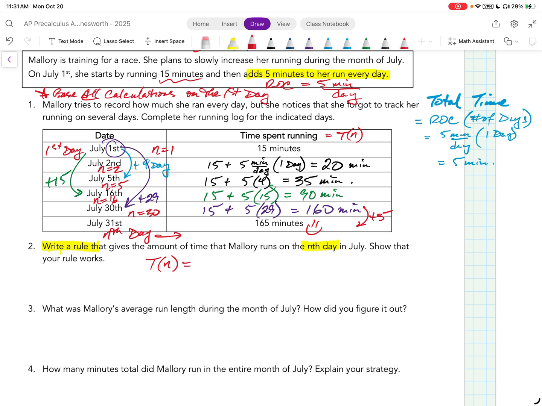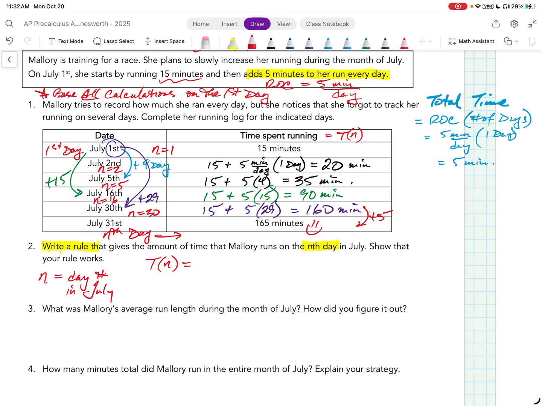But what would the function be to calculate the number of minutes total that she runs on any given day, where n corresponds to the day number during the month of July? So n equals day number in July.